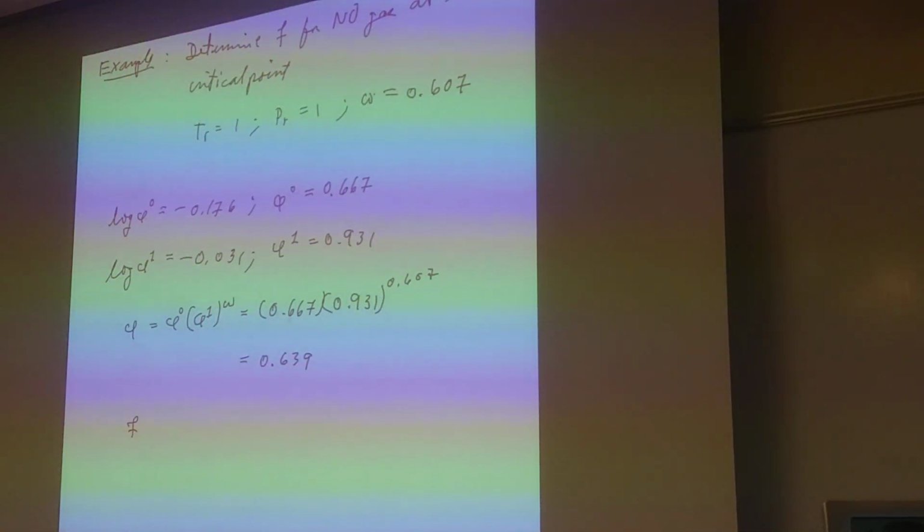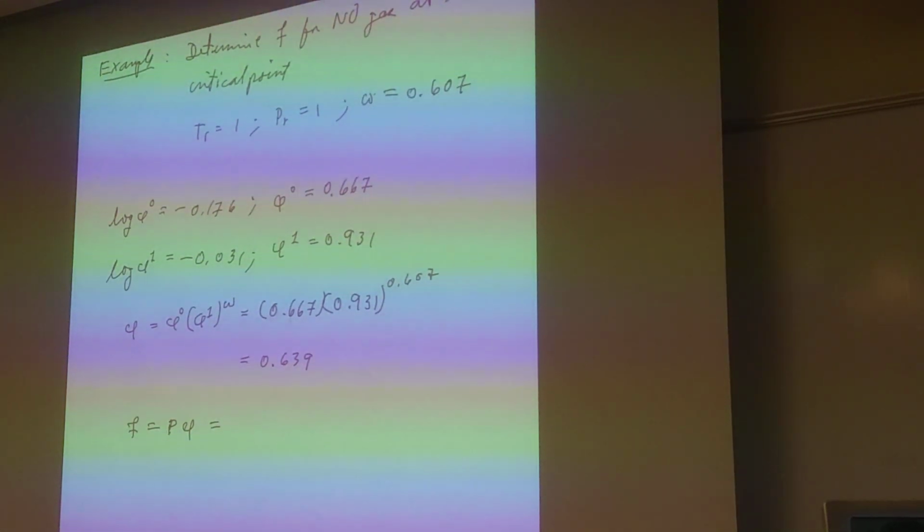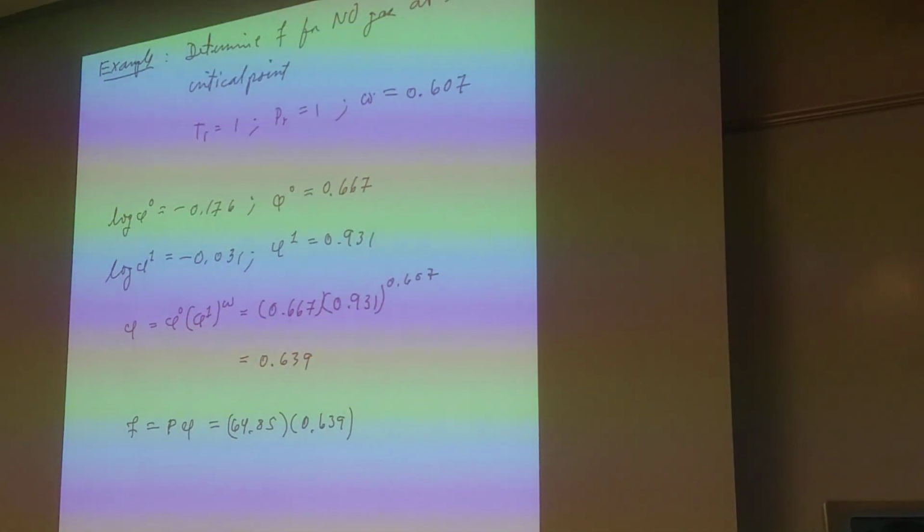So f is going to be equal to whatever the pressure was, right? That's my fugacity coefficient. The pressure is whatever the critical pressure was. Didn't write that down explicitly, but it's 64.85 bars. Fugacity coefficient is 0.639, giving me 41.4 bar.